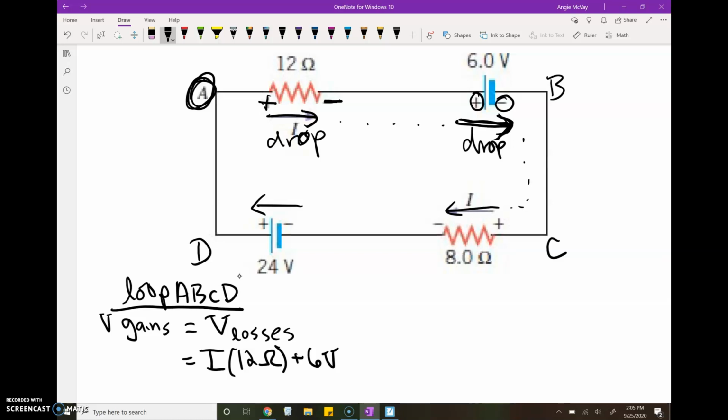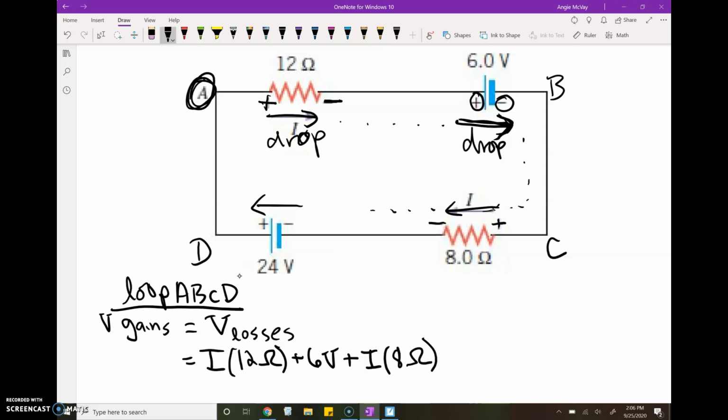And then we'll go down here, go through this resistor. In the direction of our current, resistors are going to do what resistors do. We will go from high to low potential, and we'll have another potential drop, where V is equal to I times R, and here the resistance is 8 ohms. So we've had some potential drops.